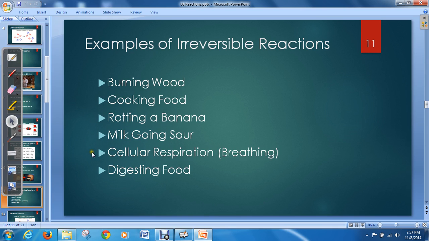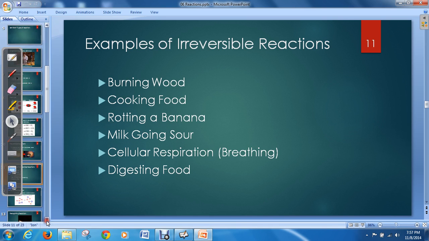Cellular respiration, breathing: when you breathe in oxygen and breathe out CO2, you can't reverse that process. You can't take in CO2 and breathe out oxygen. Digesting food, once you digest food, you can't get the food back out. It's different once it comes back out.